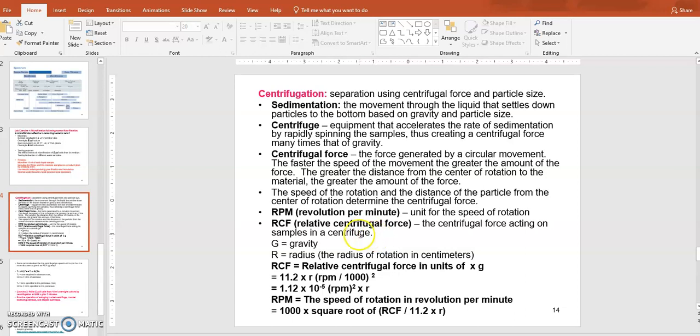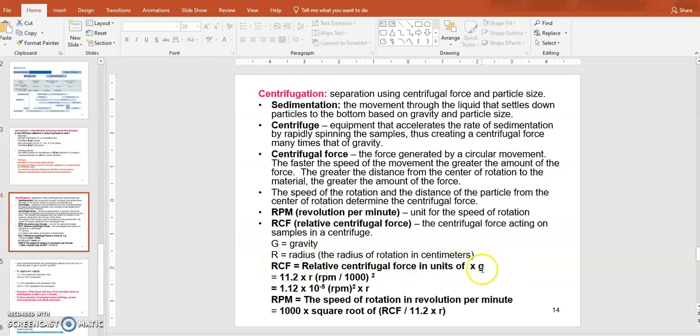Okay, so when you describe the centrifugation condition, you can use those as factors. Number one, if you want to describe the centrifugal force that you're applying to your samples, that's RCF, relative centrifugal force. RCF equals relative centrifugal force.